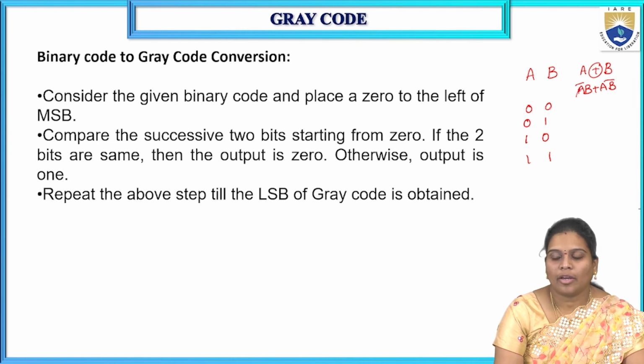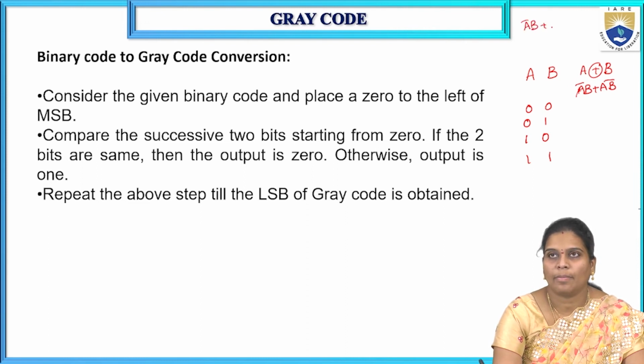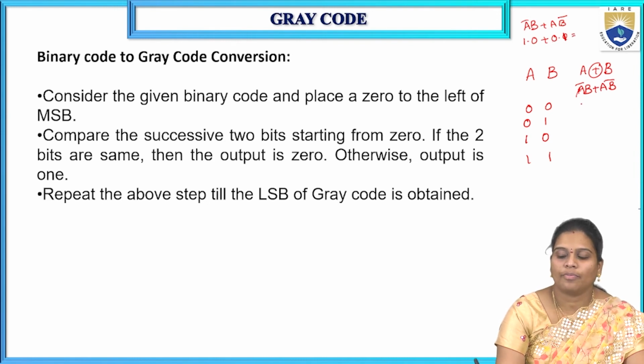For A equal to 0, A bar is 1, and B equal to 0, so A bar B is 1 into 0 which is 0, and A B bar is 0 into 1 which is 0. So the output is 0.